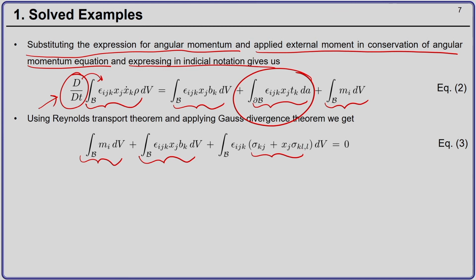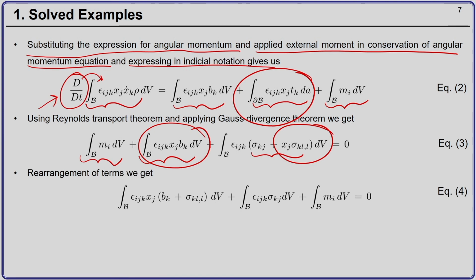Now, I can take this term and apply the equilibrium equation, which means this is equal to 0, and then I have the remaining two terms.